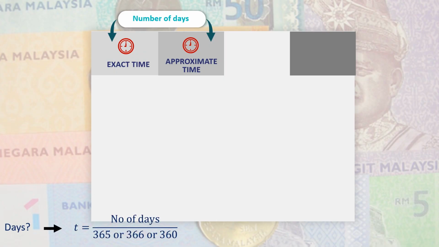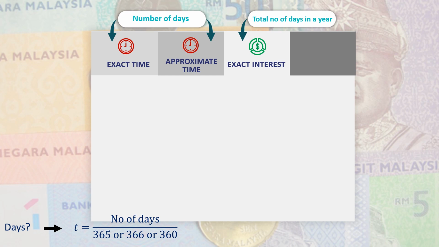As I mentioned before, if the term is given in days, you have to substitute T is equal to the number of days divided by the total number of days in a year, either 365 or 366 or 360.